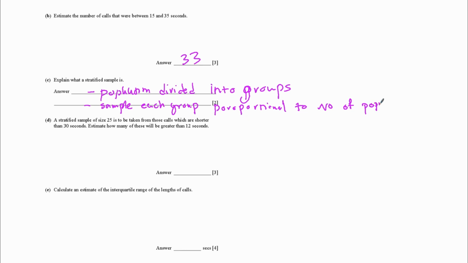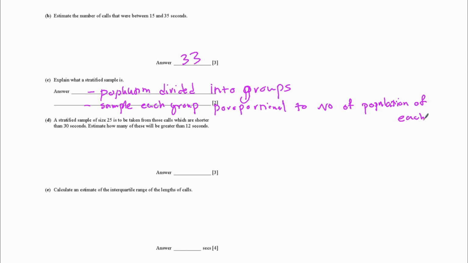So if we have a larger group, we would proportionally select more samples from that larger group compared to other smaller groups. These are the points that need to be considered to get 2 marks.